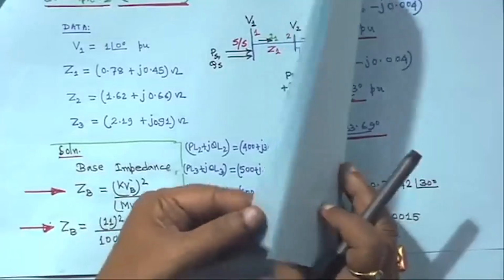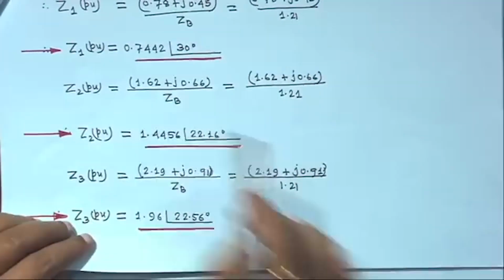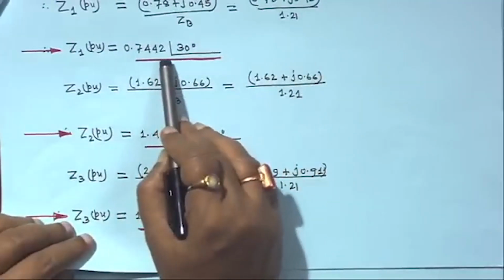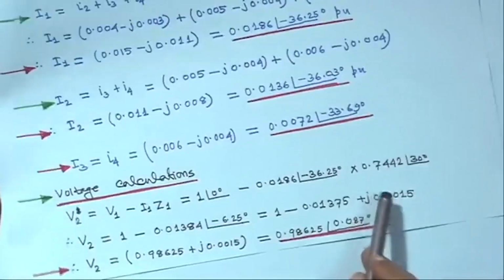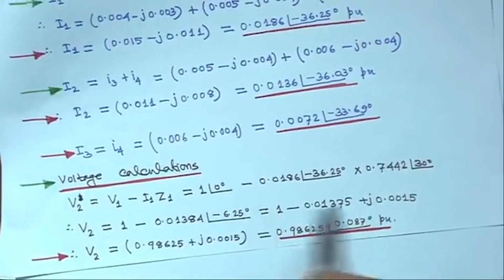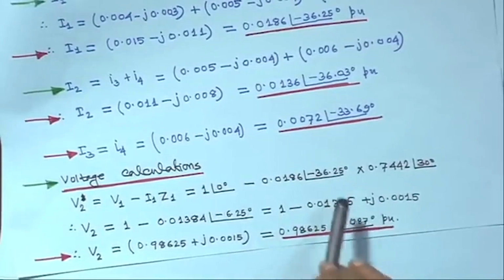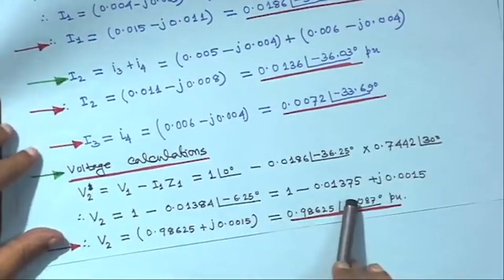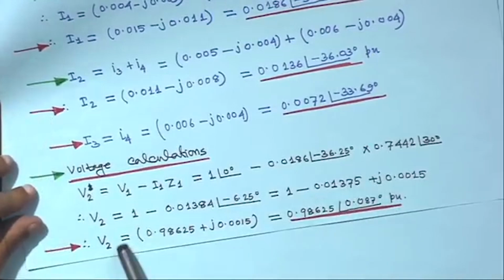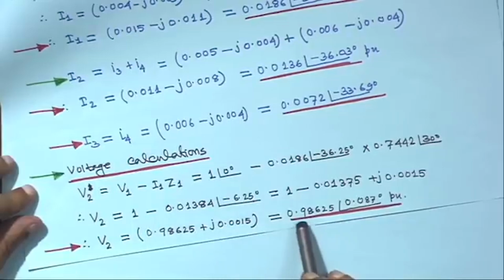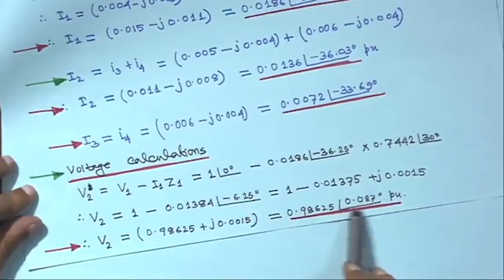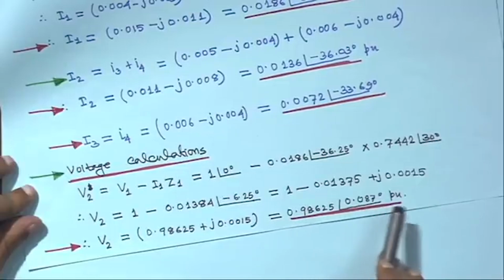This is Z1, this is Z2, this is Z3, all have been computed. So, put here Z1, and you multiply then simplify. All I have written here for you, you can check, right. V2 will actually become 0.98625 plus j 0.0015 is equal to 0.98625 angle 0.087 degree per unit.